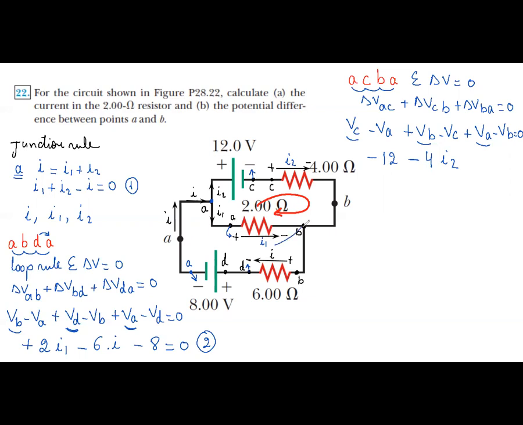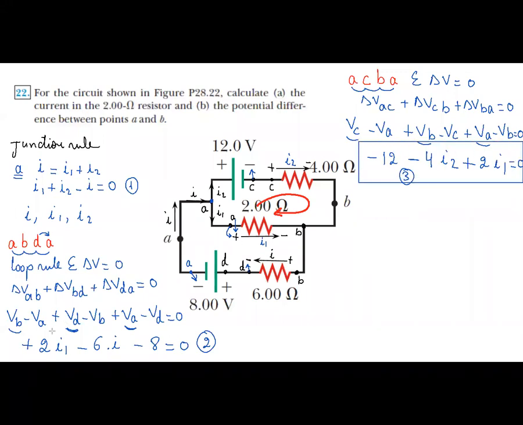We are going from here to here. A is at the positive side, so we have plus the voltage at the resistance, which equals 2 times I1. Here we have I1, equals 0. So here we get 3 equations. This is the third one.